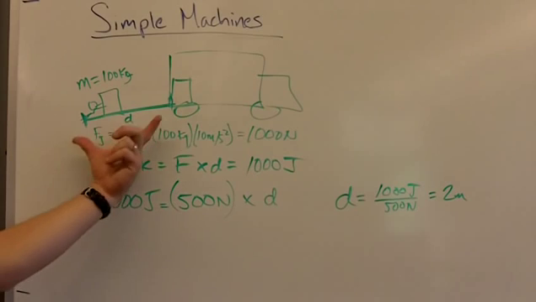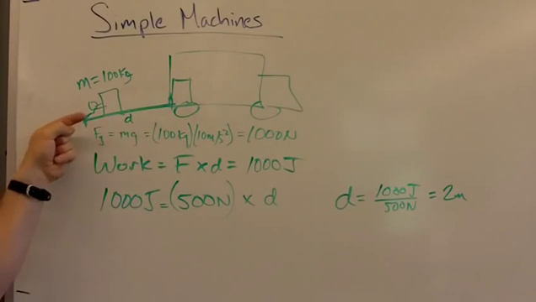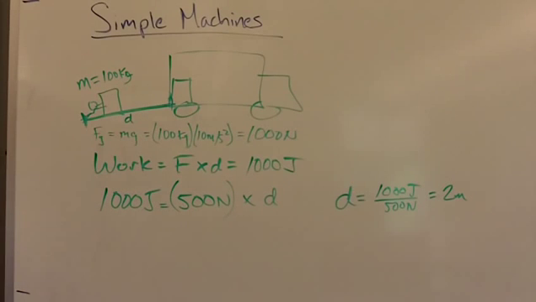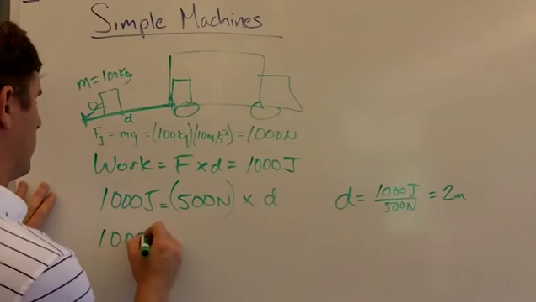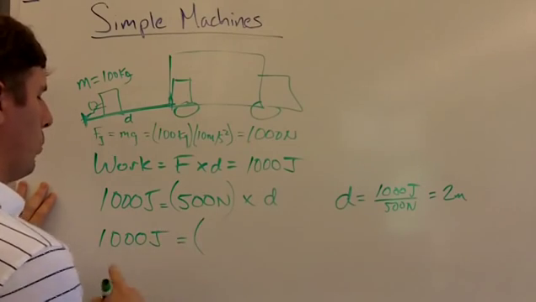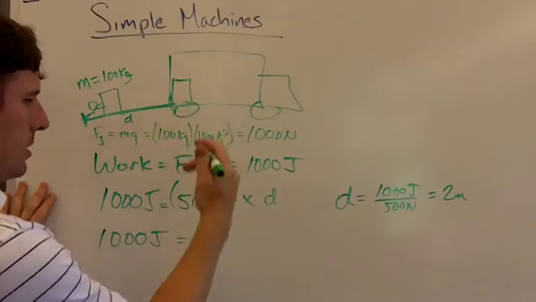2 meters long is how long that ramp would need to be in order for you to push that refrigerator up the ramp onto the back of the truck, if you were only able to supply 500 newtons of force. What if you were only able to supply 300 newtons of force? Well, you'd still have to do 1,000 joules of work, because no one can change that.